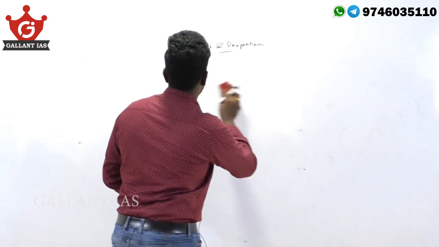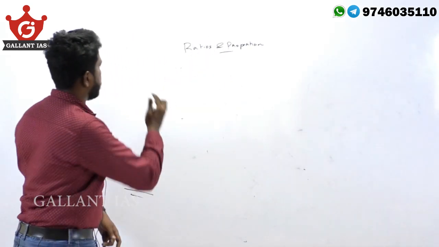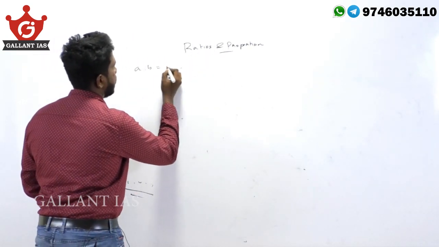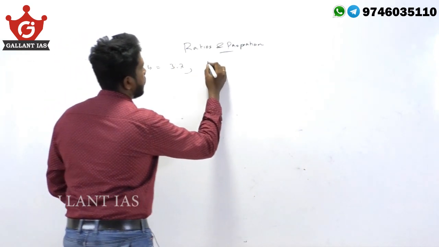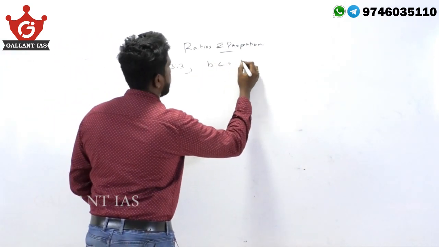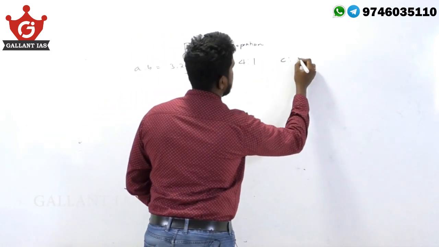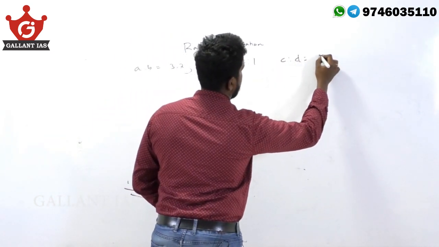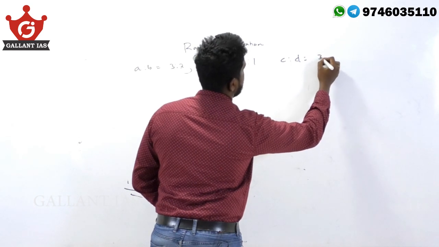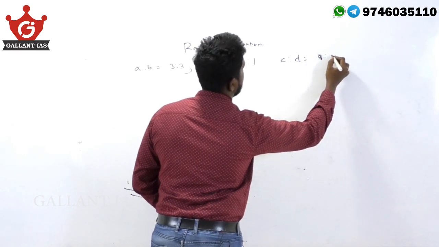Our question is that A is to B is 3 is to 2, B is to C gives 4 is to 1, C is to D gives 9 is to 7.